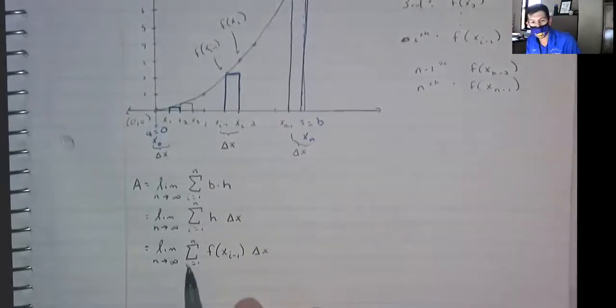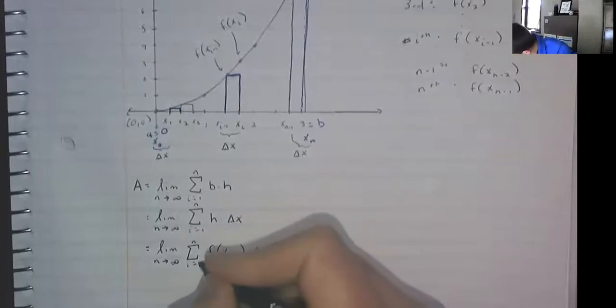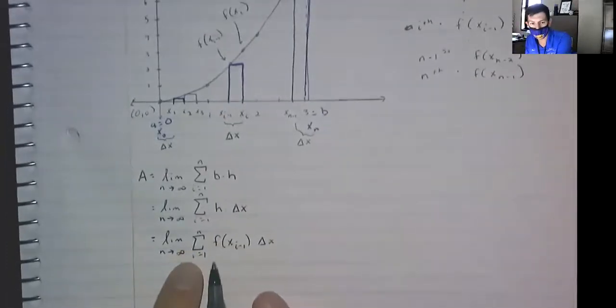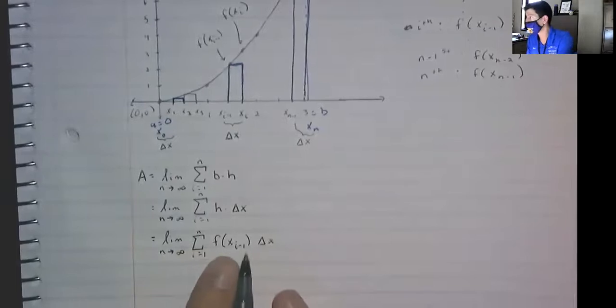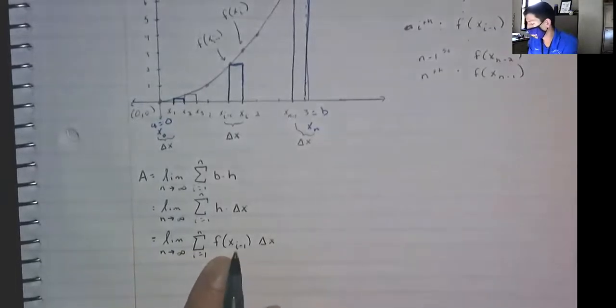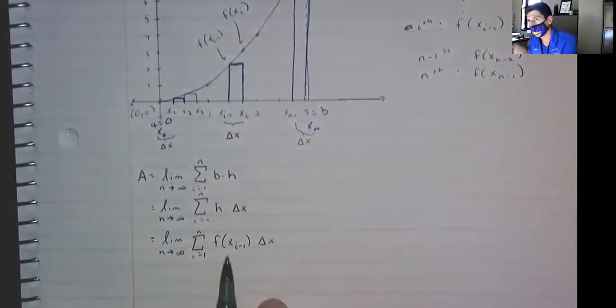Wherever we are in this sum, whether i is 1 or 17, the height of that 17th rectangle will actually be f of x sub 16. It's always going to be the left-handed side.